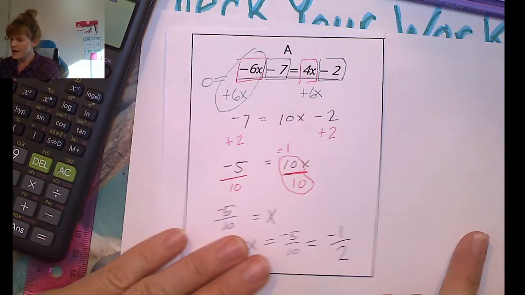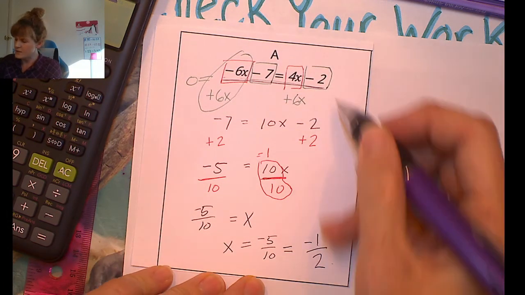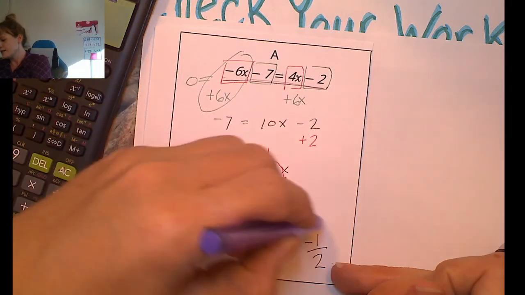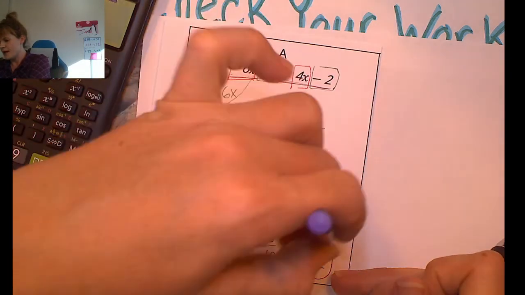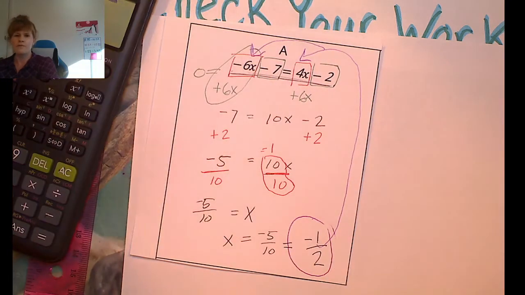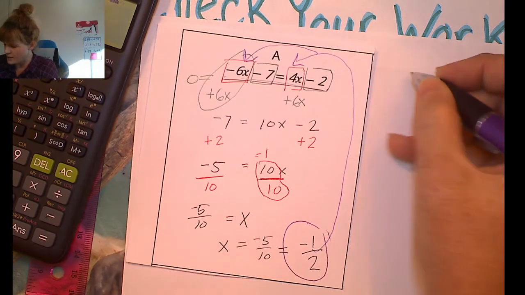Now to check my math, I can substitute my solution back into the original equation. So take this x equals negative 1/2 and substitute it back into my original equation. Wherever I see an x, I substitute in the value that I solved.